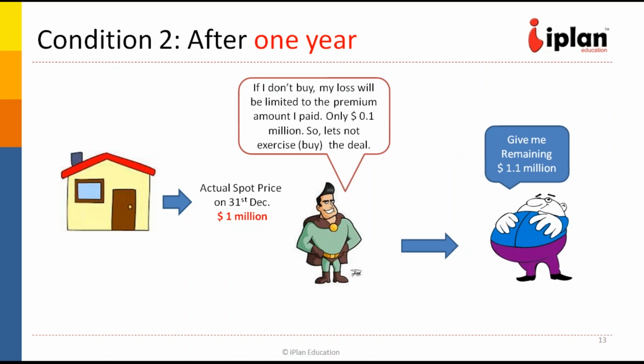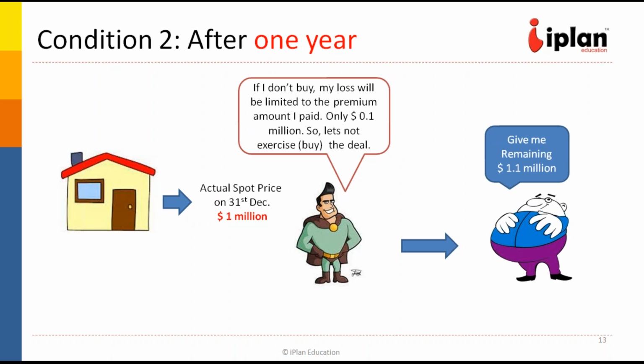Now, what if I don't buy? My losses will be limited to the premium amount I paid, because if I don't appear to buy, I deny, the seller can keep only the premium amount I have given. So the maximum profit to a seller is the premium amount he receives. Okay, that's so simple.